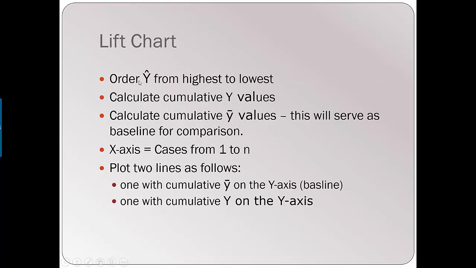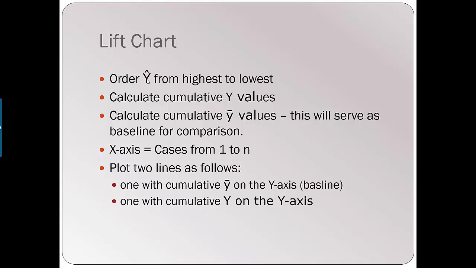You first, of course, find the y hat values and then order the data set from highest to lowest, in descending order of y hat. So that is your predicted rank order, from the top predicted to the last predicted. Now you move over to the actual values, which are also sorted by the y hat order, and start calculating the cumulative value of y.